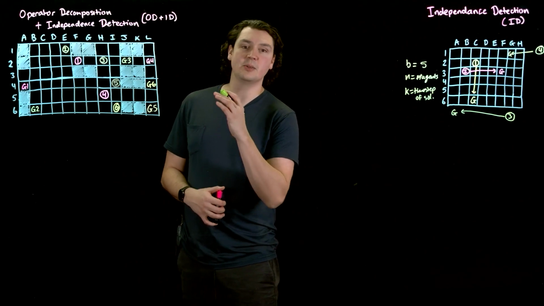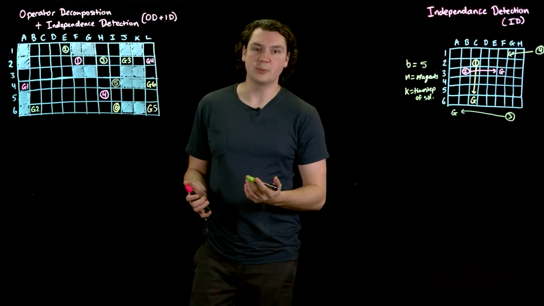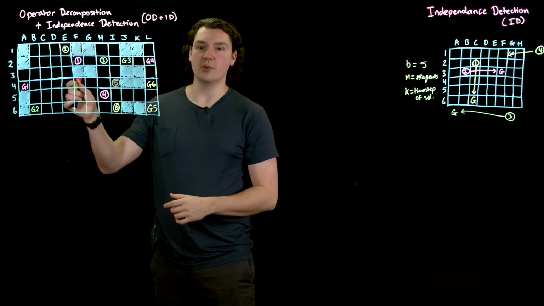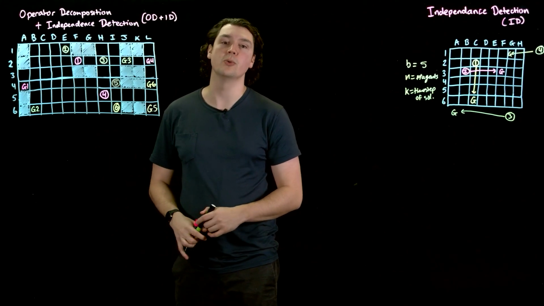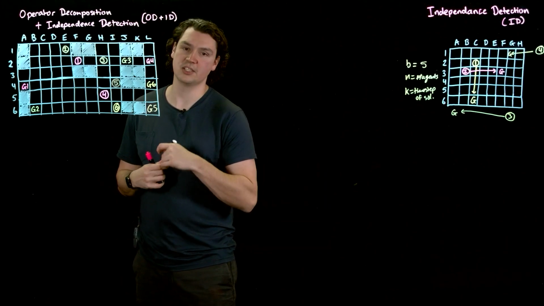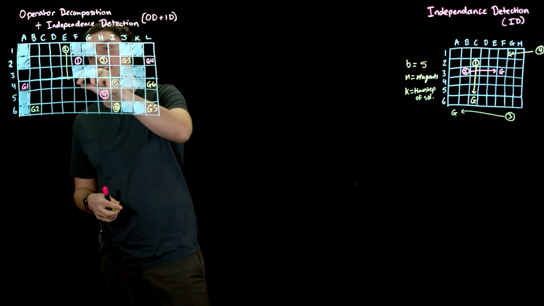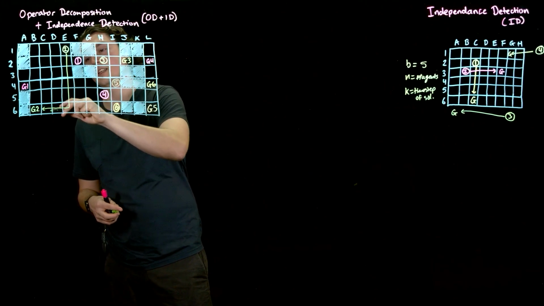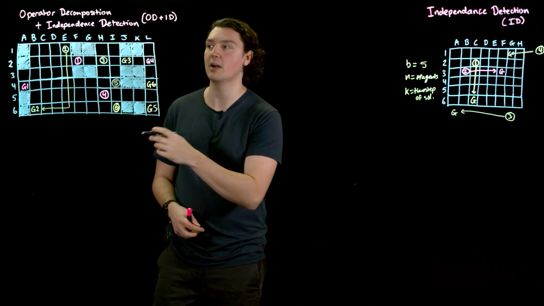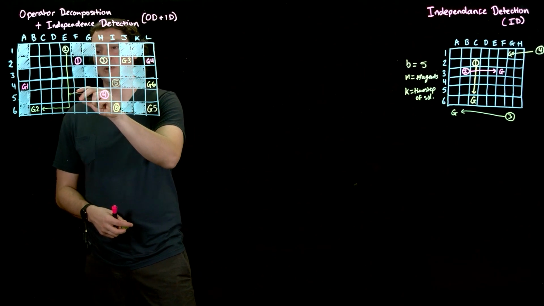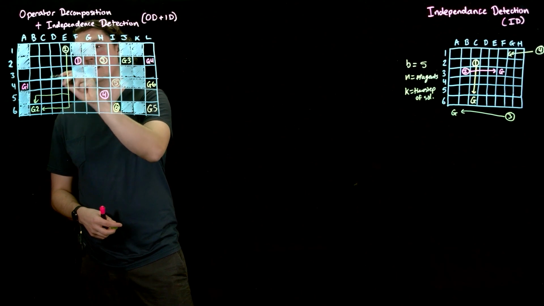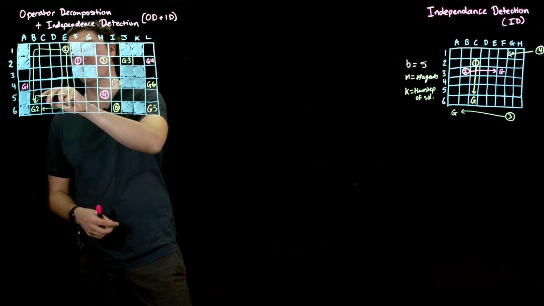I'll start drawing a few optimal paths for some agents. We have Agent 1 and Agent 2 at the beginning that I'll deal with first. The idea is that in grids there are a million symmetric permutations of paths they could choose. Is it this one? Is it this one? Is it this one?